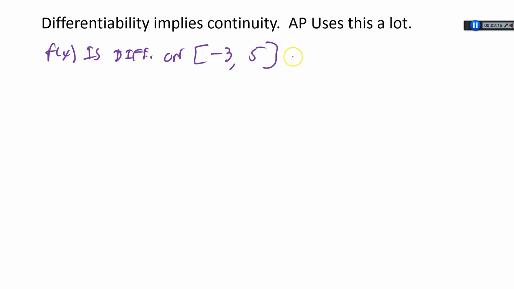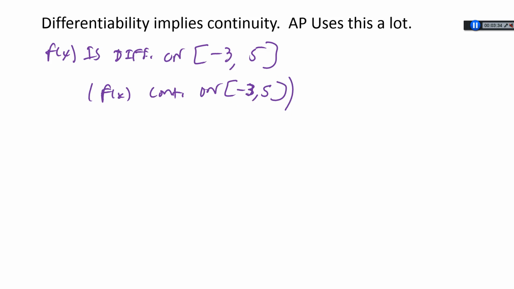This tells you that the function is continuous on closed [-3, 5]. And having that information, you can use the extreme value theorem, which says that there's a maximum and a minimum value between -3 and 5 somewhere.